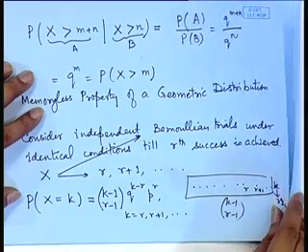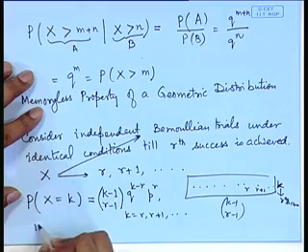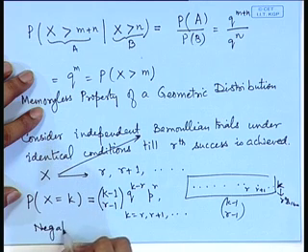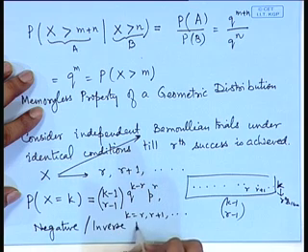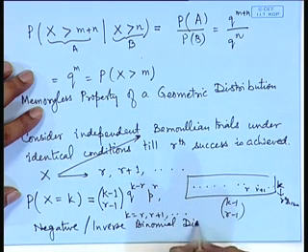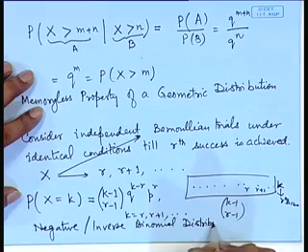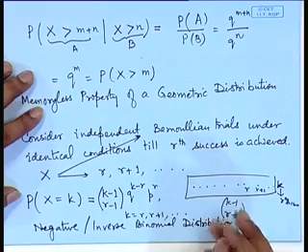This is known as inverse binomial or negative binomial distribution. The name inverse binomial is apt here, because in the binomial distribution what we do, we fix the total number of trials and we see how many successes are observed.